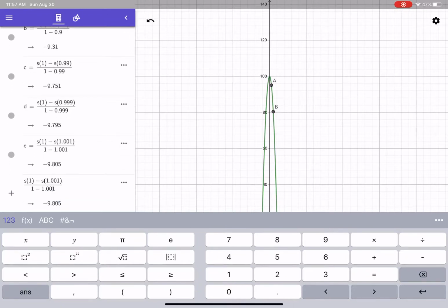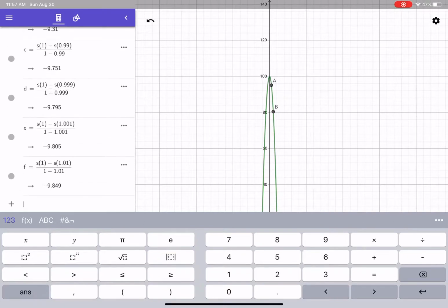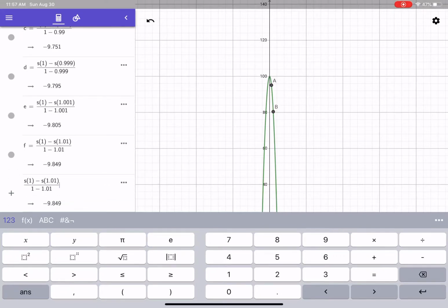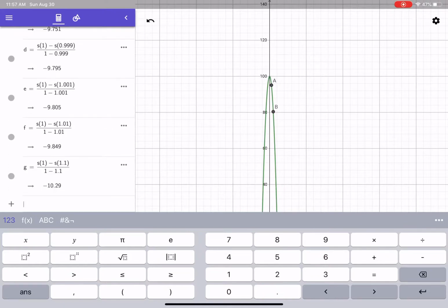Let's step away by a little bit more, get rid of one of these zeros in each of these. Make that 1.01. And we have a slope of about negative 9.849, and then one more. Just make it 1.1. And this one shot all the way up to negative 10.29.